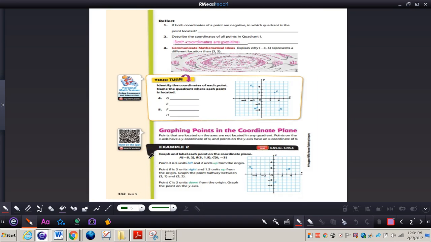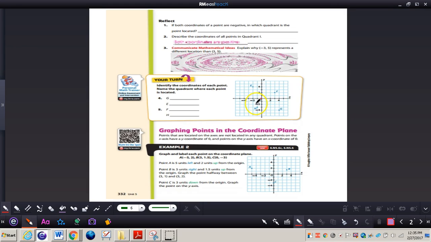So let's take a look at question 1, do some reflecting on what we know about coordinate planes. It says if both coordinates of a point are negative, which quadrant is the point located? So let's think about this. It can be any negative number. So let's say -1. We'll start on that origin. We'll go -1 on the x-axis, and then also -2 on the y-axis.